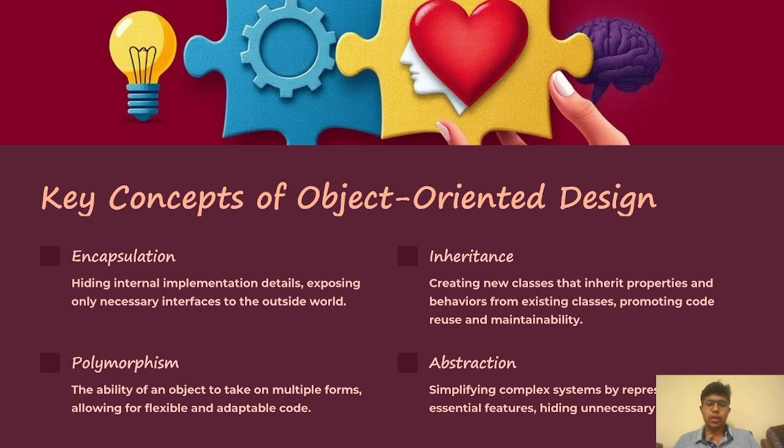Polymorphism: ability of an object to take on multiple forms, allowing for flexible and adaptive code. Abstraction: simplifying complex systems by representing only essential features and hiding unnecessary details.